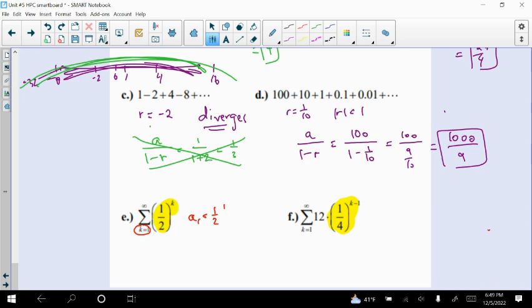Oh, so it's 1/2. So then I still can follow my formula, A over 1 minus r. The first term is 1/2, and 1 minus just happens to be that same common ratio. So that's 1/2 divided by 1/2, which we know to be 1. That's kind of cool. Think about what you just added up.